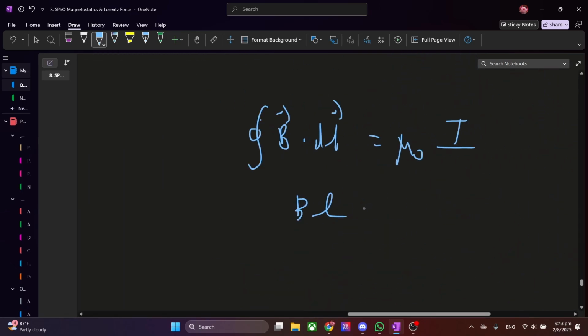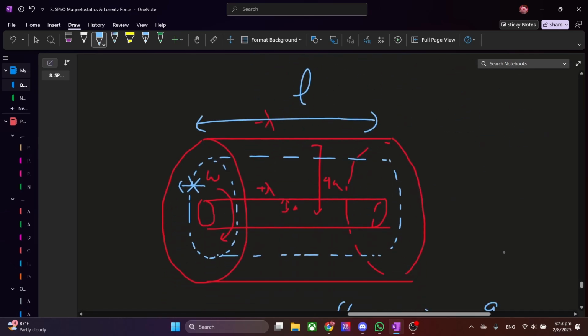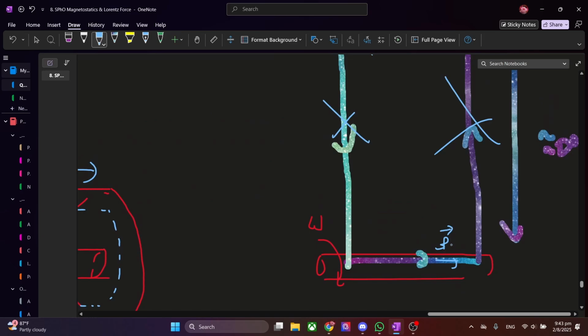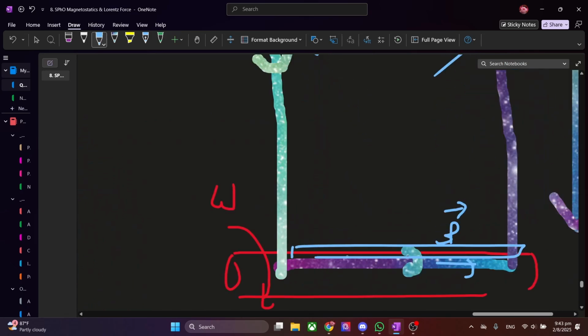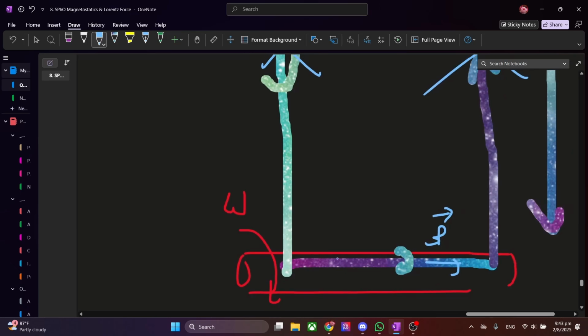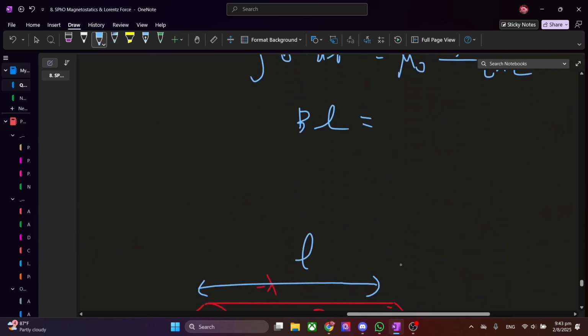Then all that's left to do is to consider mu naught I enclosed, which can be done quite simply by considering the segment.